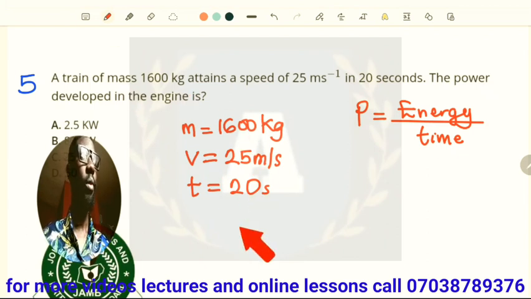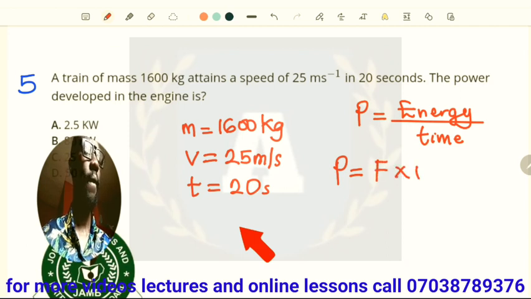Now we learned also that power is the product of force multiplied by velocity, and force is ma. Force is the product of mass and acceleration, multiplied by velocity.